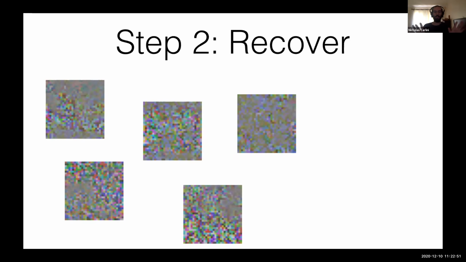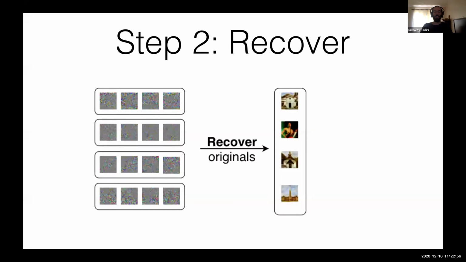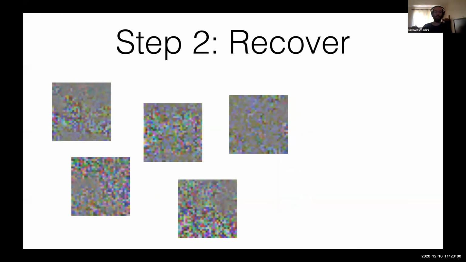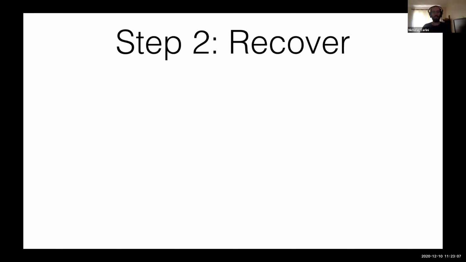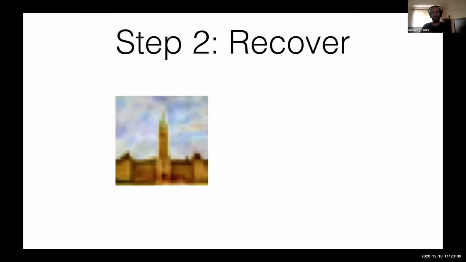We know that each image by itself is very noisy, but they all share one original image in common. So if you were to put them all on top of each other and take the pixel-wise average, you would get a reasonable approximation to the actual original image. You won't get the exact original image because there's noise, but just by taking the average you get a reasonably good approximation. And by doing something a little more careful, you can get a very high quality reconstruction.